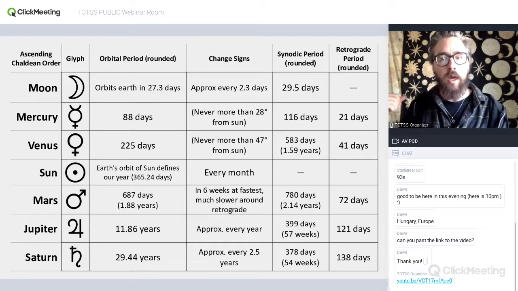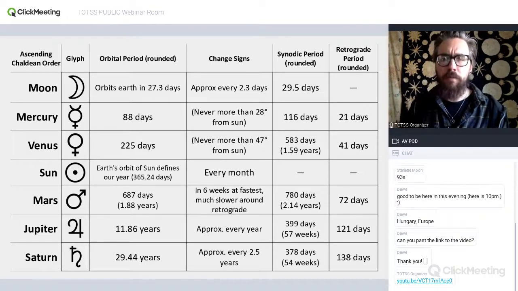Mars entered Aries at the very end of June of 2020, and then had his whole retrograde in Aries, and then didn't actually leave Aries until January 6th. And so he was retrograde for a little bit more than 6 months, all in that sign. But that's unusual, and only happens about every 2 years.